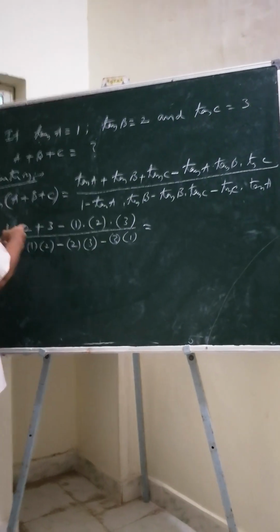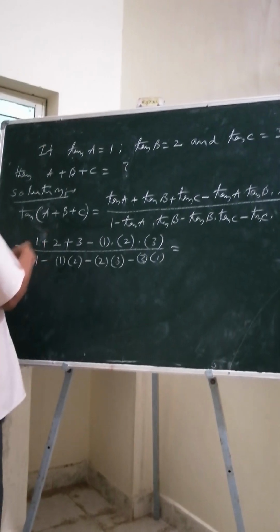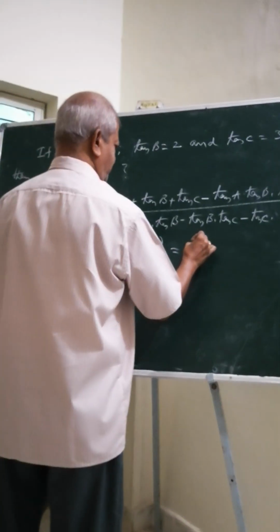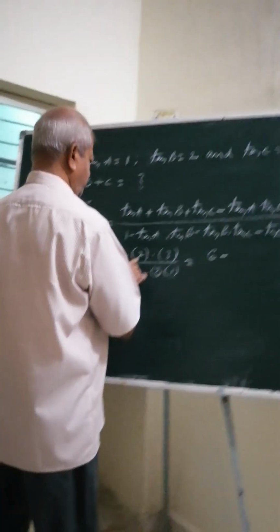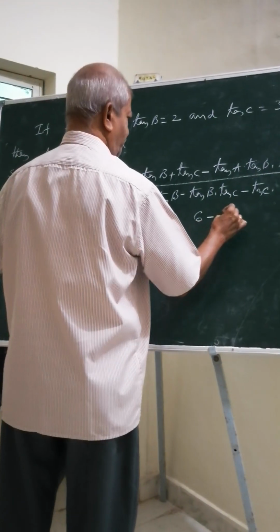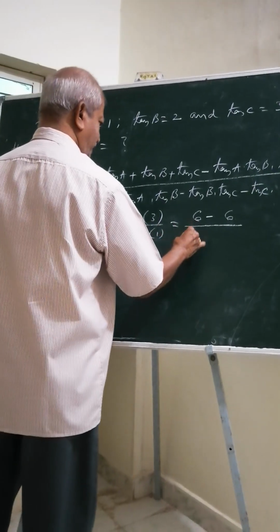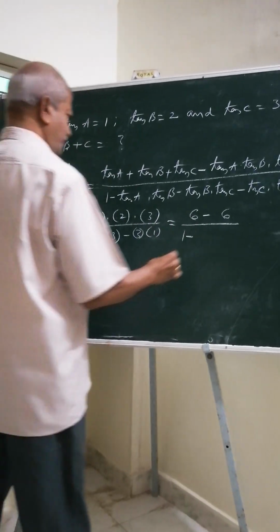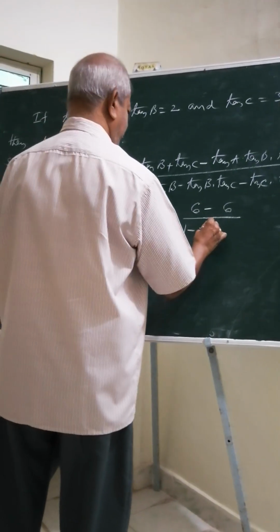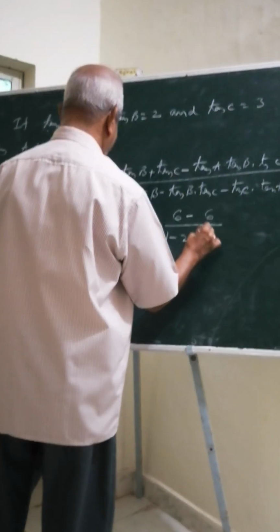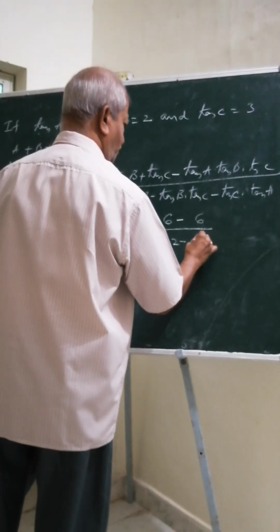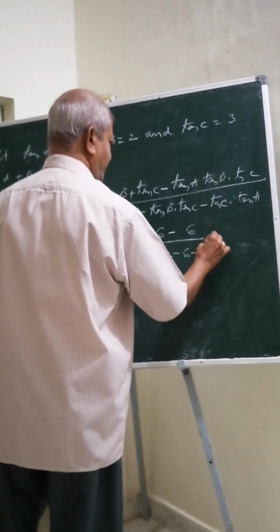Equal to, so numerator is 1 plus 2 is 3, 3 plus 3 is 6 minus 2 into 3 into 1 means again 6, divided by 1 minus 1 into 2 is 2 minus 2 into 3 is 6 minus 3 into 1 is 3.